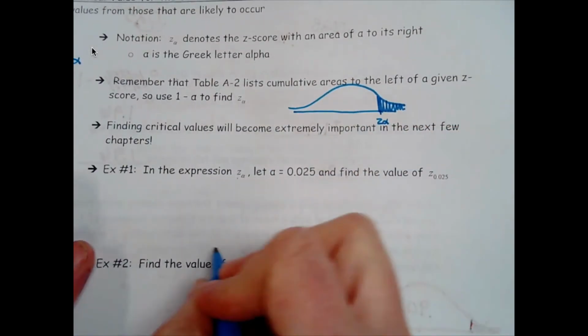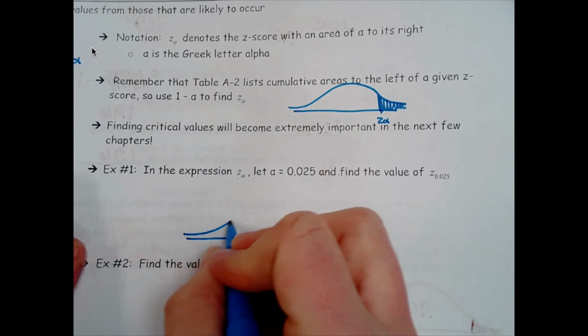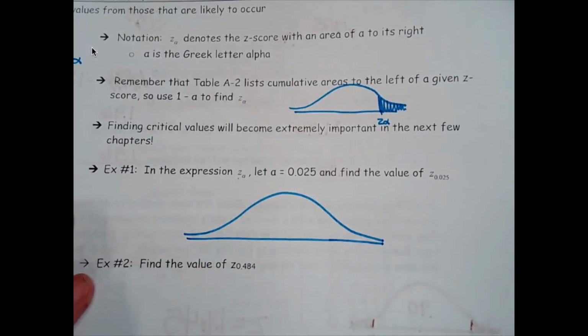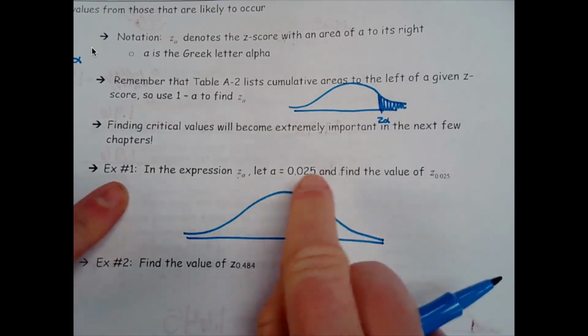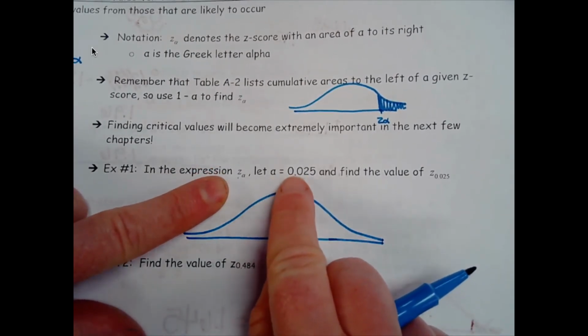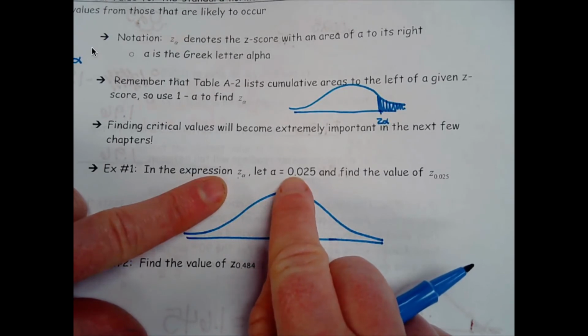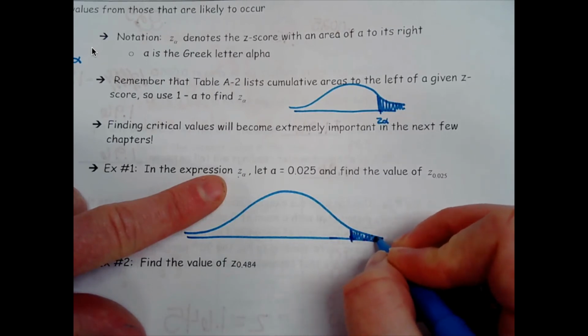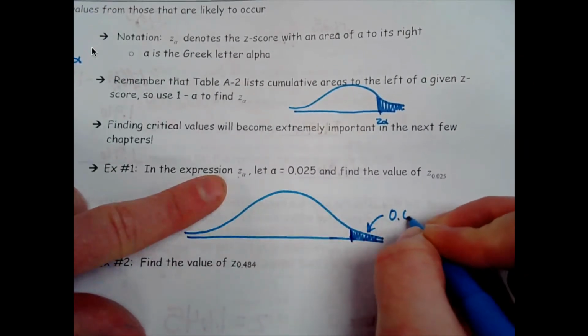If alpha is 0.025, then it's the area to the right, so it's going to be really small.